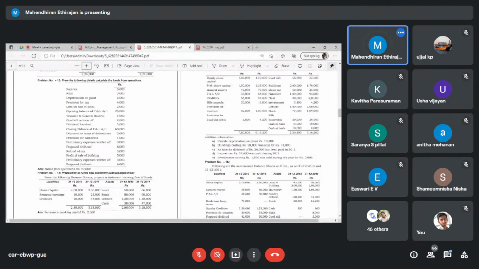Salary and rent are trading expenses, so you please remove them, because salary is of a trading nature and rent is of a trading nature.